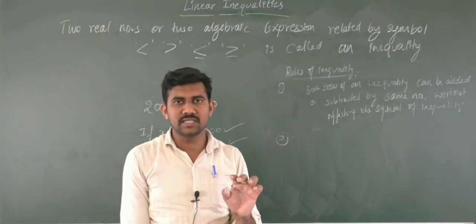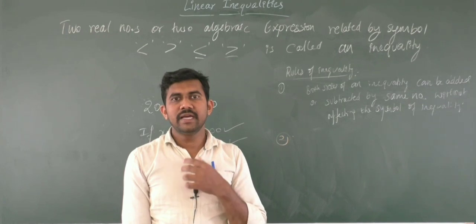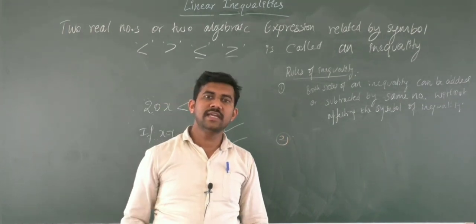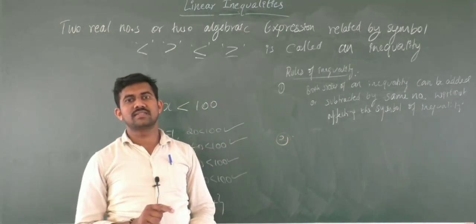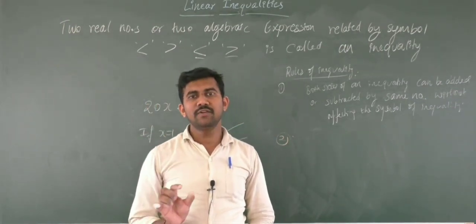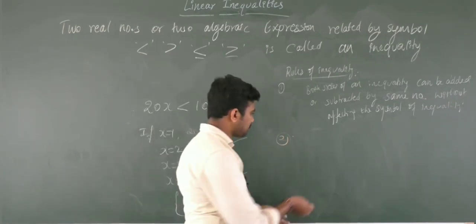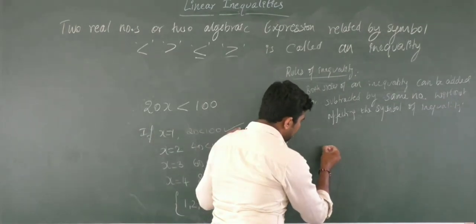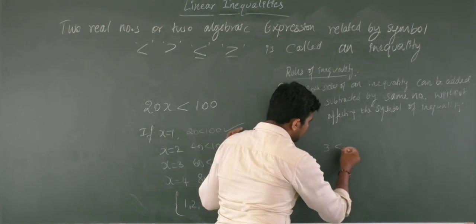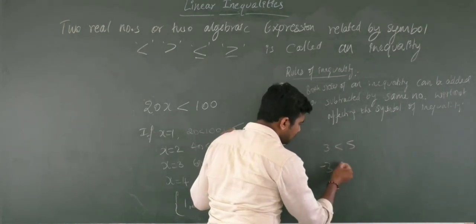But if you multiply or divide by a negative number, then the sign of the inequality gets reversed. Like here, 3 less than 5. If you multiply by a negative number, we'll get minus 3 and minus 5.